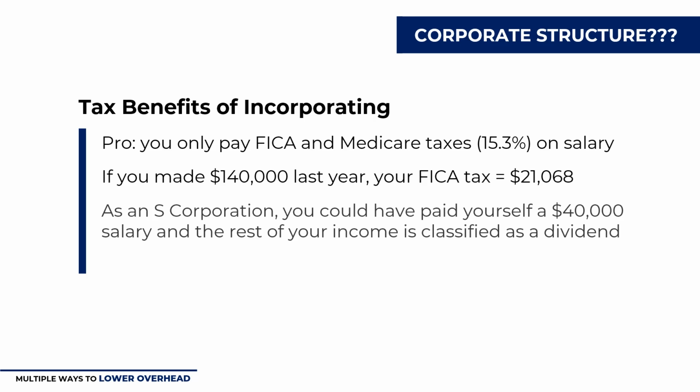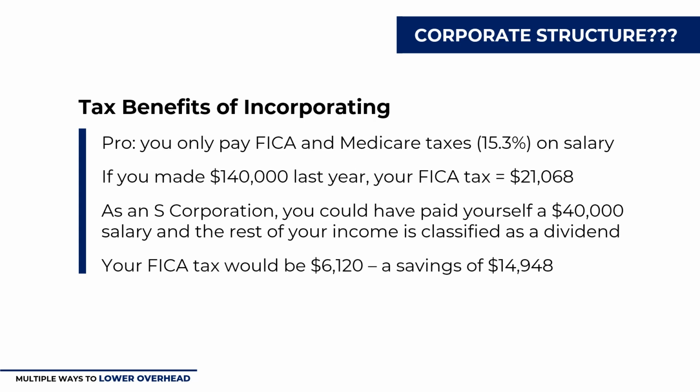Electing to be taxed as an S corporation and paying yourself a $40,000 salary, assuming that is a reasonable salary for your industry, you would only pay $6,120. You would save $14,948. Wow.